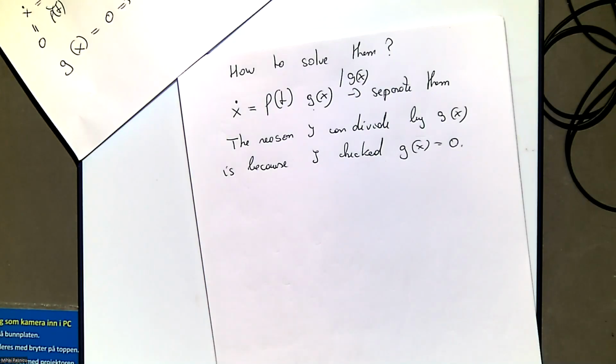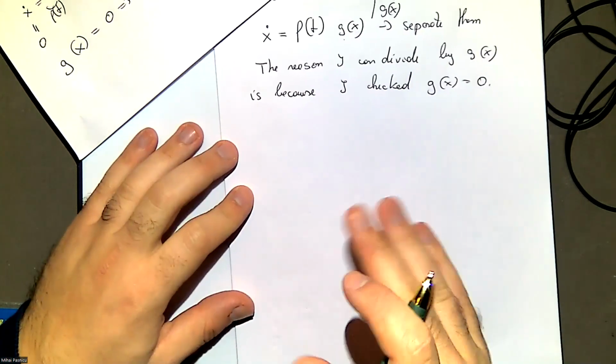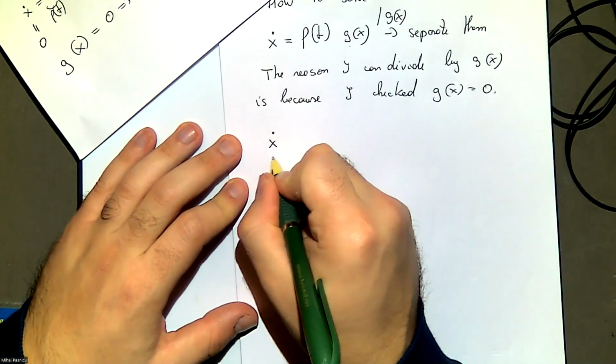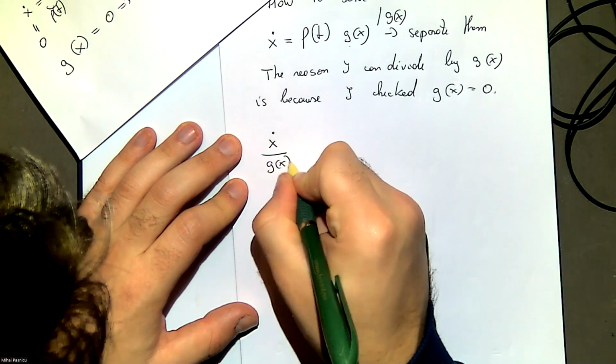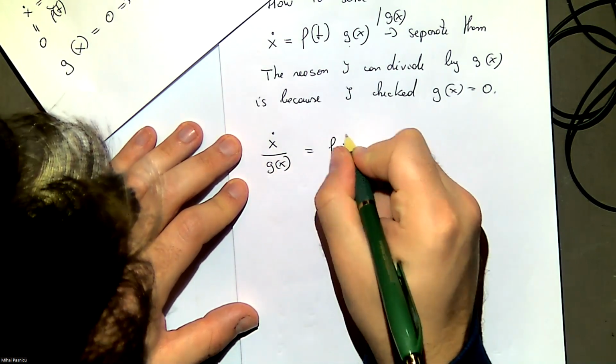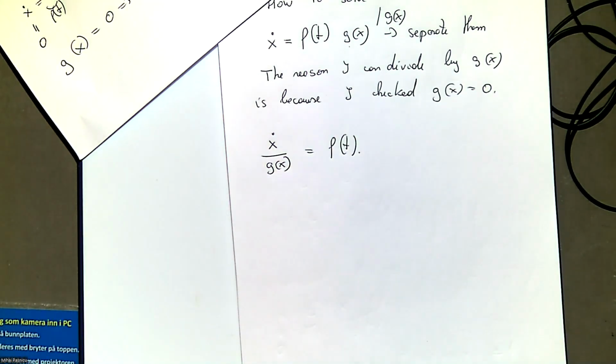Okay, so it's quite important in this case. Now I'm going to get x dot over g of x is equal to f of t. All right, this doesn't really look like much.